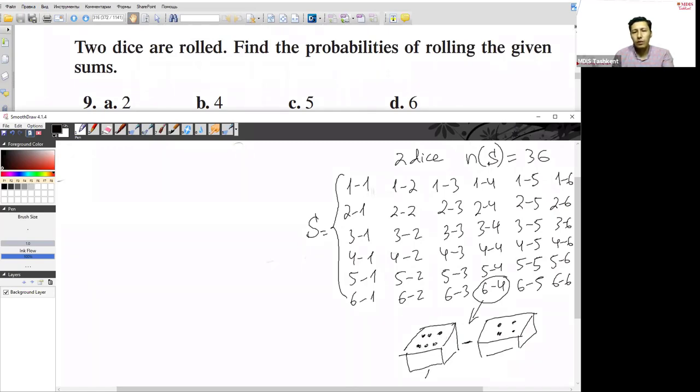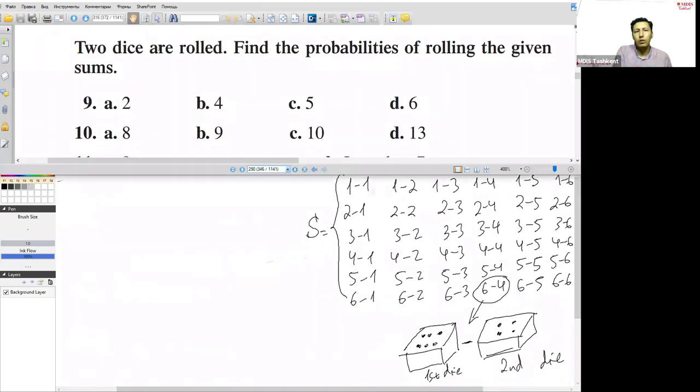This is first die and second die. Okay, so we have how many total? 36 possibilities. So from this word, 2 dice are rolled, so we make this table.